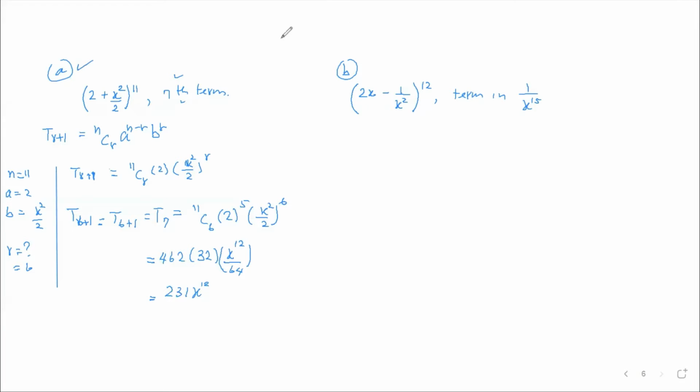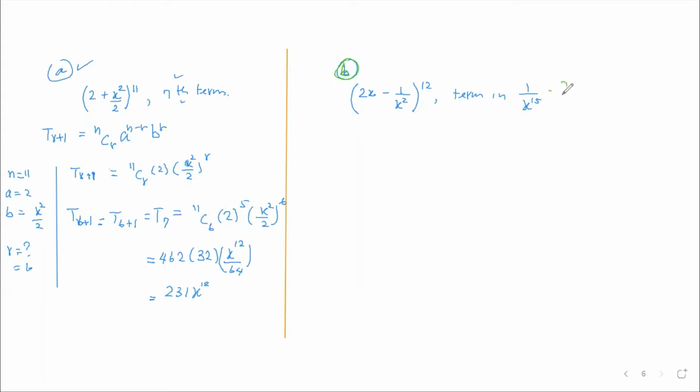Okay, so now we go to do question B. Question B here gives you this expression and asks you to find the indicated term. That means find this term.